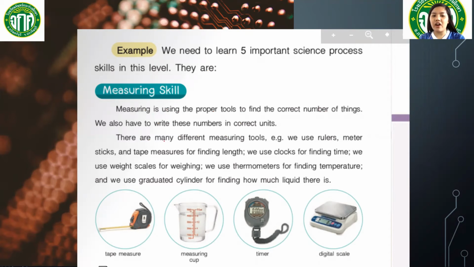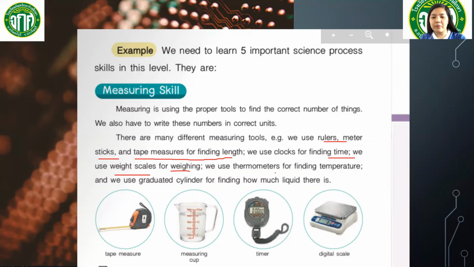There are many different measuring tools. Examples, we use rulers, meter sticks, and tape measures for finding length. We use clocks for finding time. And we use weight scales for weighing.